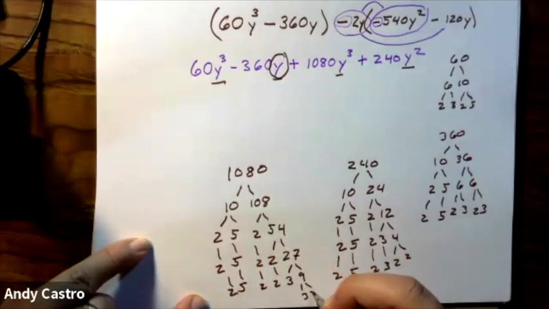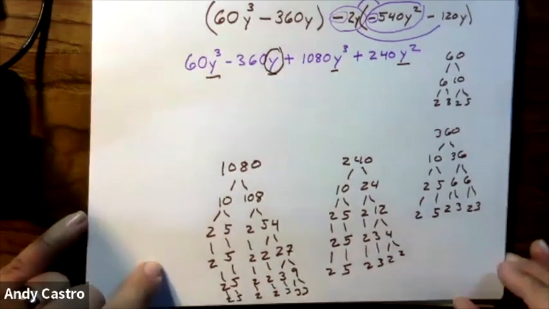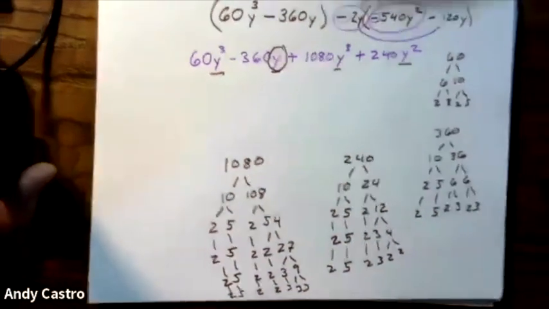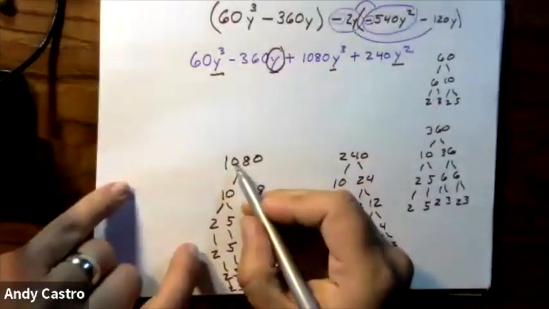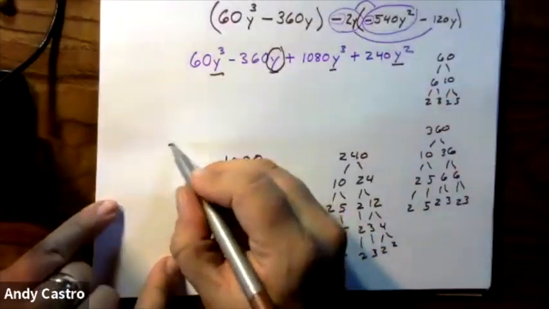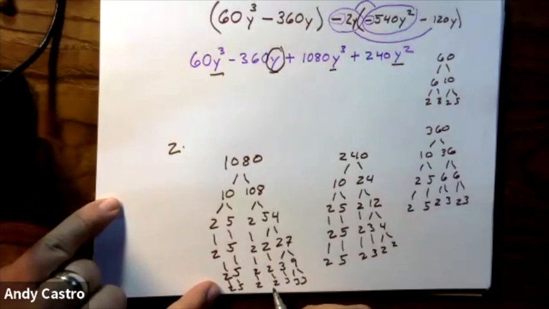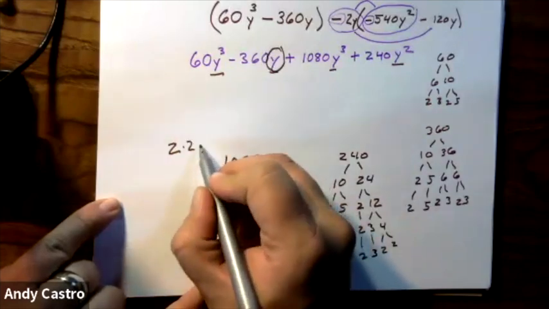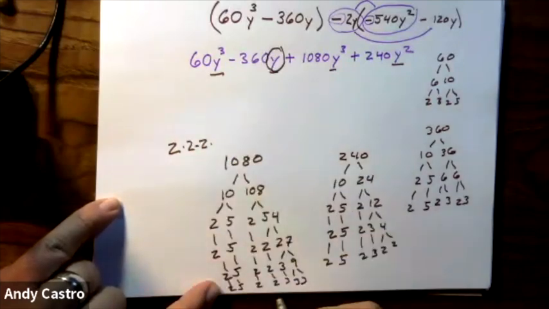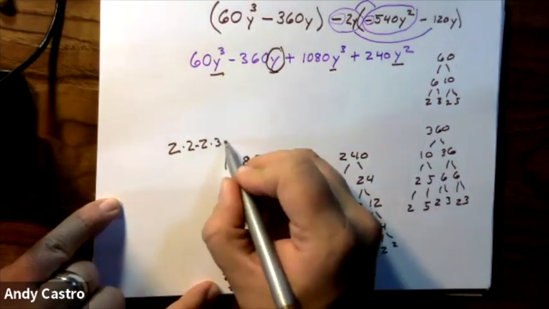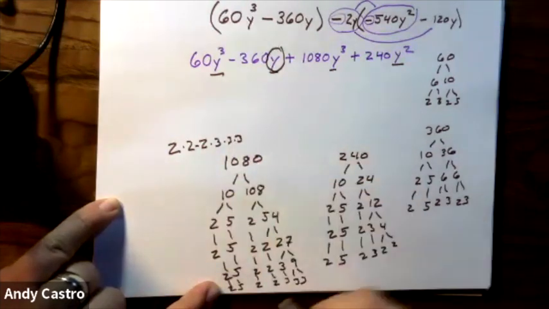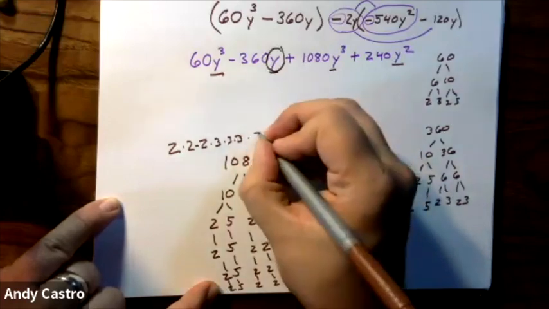And the 9 is 3 and 3. All right. So getting kind of the bottom of the page there. Let me kind of be clear. All right. So for the 1080, I have 2 times, I've got 1, 2, 3 2s. And then I've got 3 3s. And then I've got 1 5.